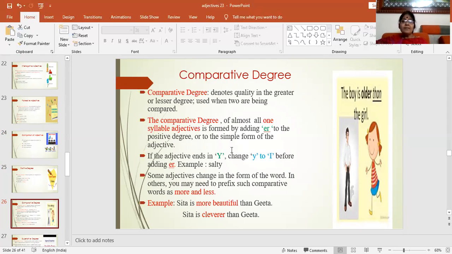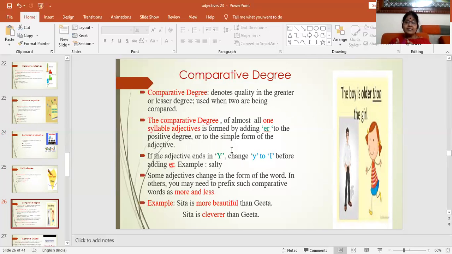The comparative degree of almost all one syllable adjectives is formed by adding er to the positive degree. Say big, bigger; small, smaller; we add er, right? If the adjective ends in y, then we change y to i before adding er. For example, salty, saltier.